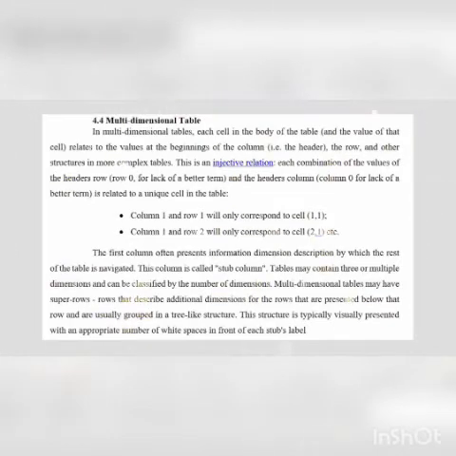A multi-dimension table may have super rows, data descriptions, and additional dimensions for the rows that are present below the row and are usually grouped in a tree-like structure. This structure is typically visualized with an appropriate amount of white space in front of each sub-label.